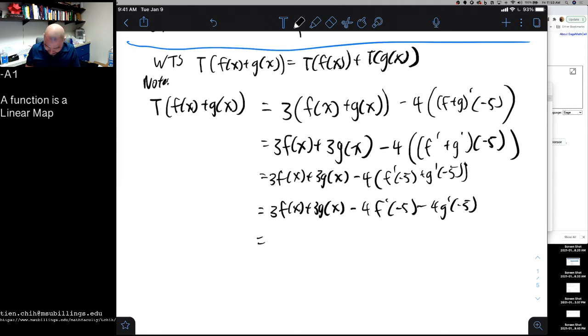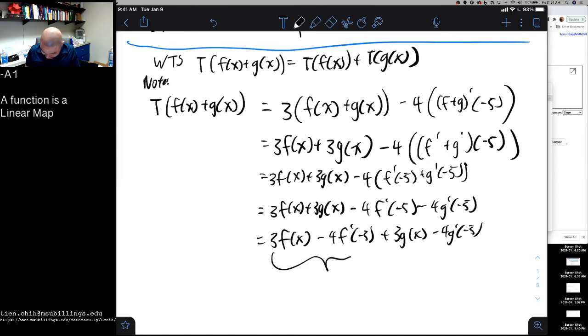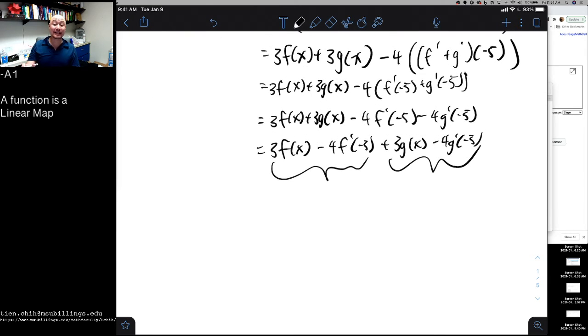And I can group my f's and my g's together. When I group together my first collection of f's, that is exactly the transformation of f of x, right?